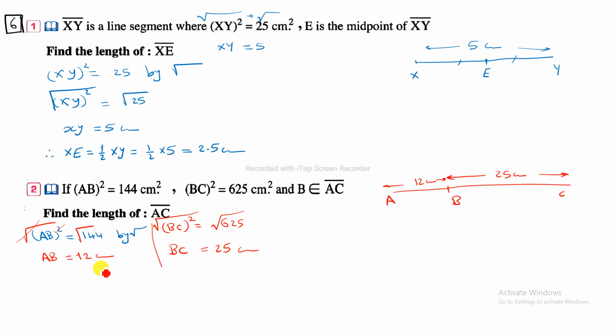Find the length of AC. So the length of AC is equal to AB plus BC, which is AB 12 plus BC 25, which is equal to 37 centimeters.